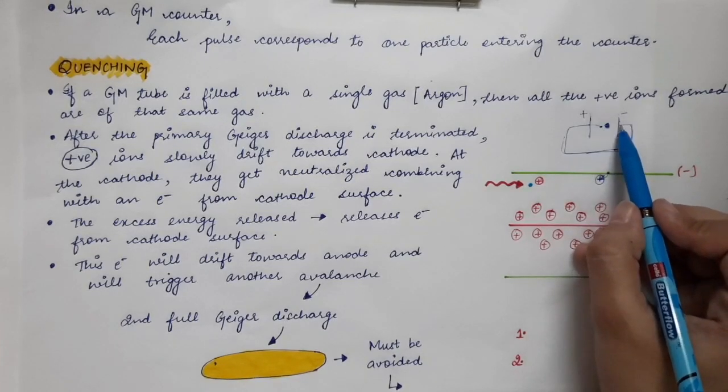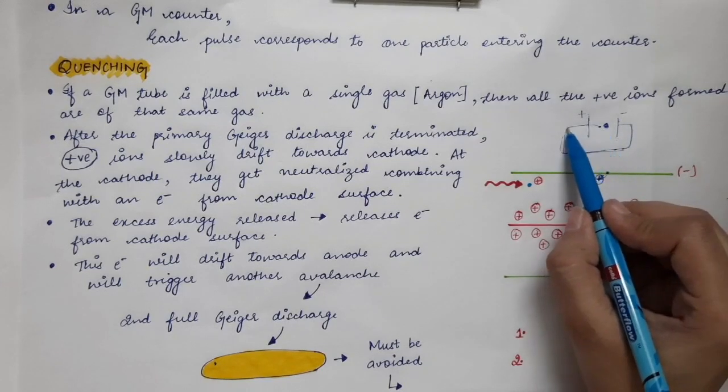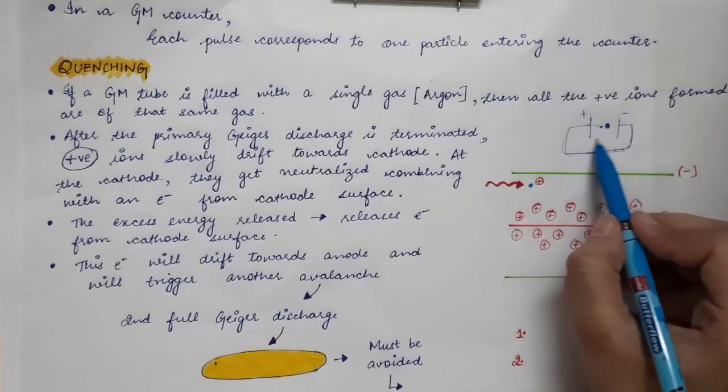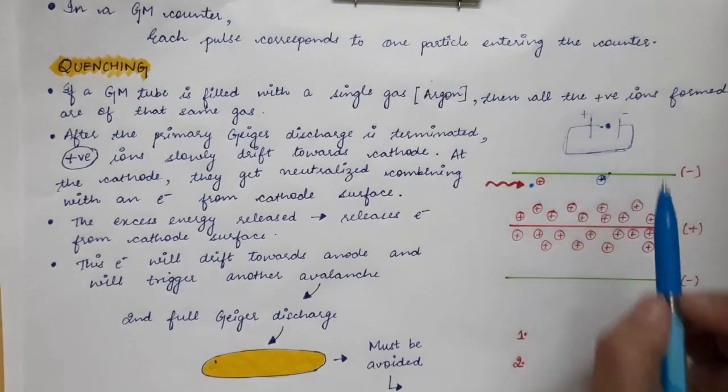To compensate for that electron, an electron flows through the circuit and reaches this electrode. This is how the process works.